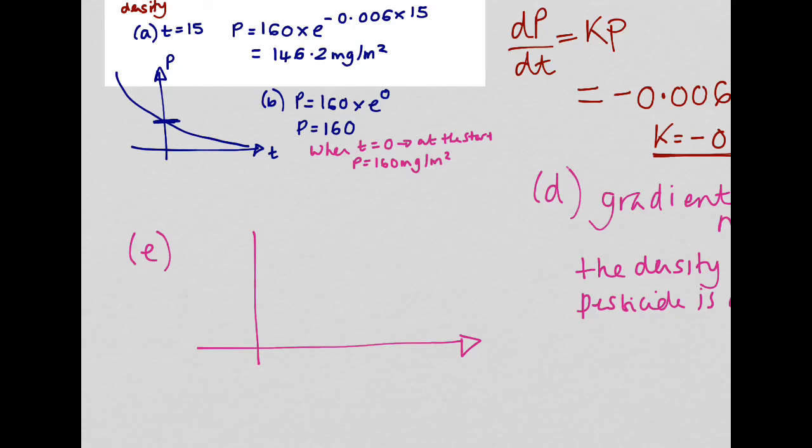So here I'm going to start at 0, and here's my graph, it just keeps going. Notice it never reaches 0 on that axis because it's an asymptote, and we talked about that in the last diagram, so it's important that you go back and remember that, and that value there is 160, and that would be your graph.